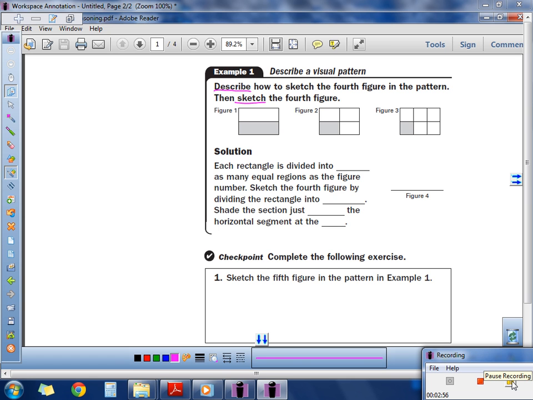All right, who can give me a good description of what they think's going on? Each rectangle is divided in half. Can anybody give me a slightly different example? I'd be careful on saying adding 2 to each one because they're not really making it any bigger. So tweak it.